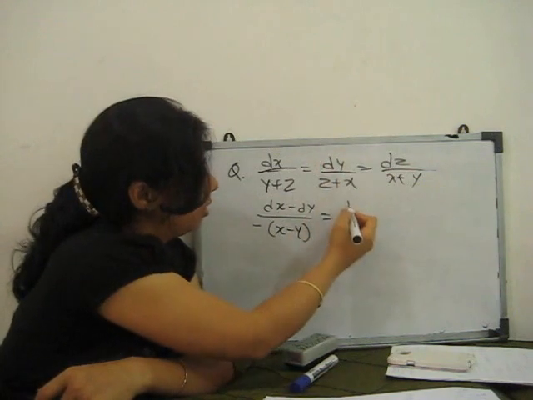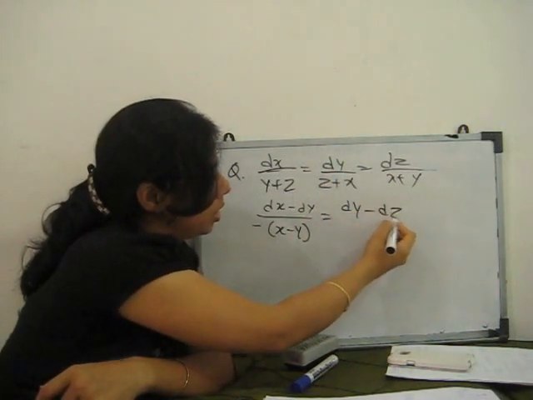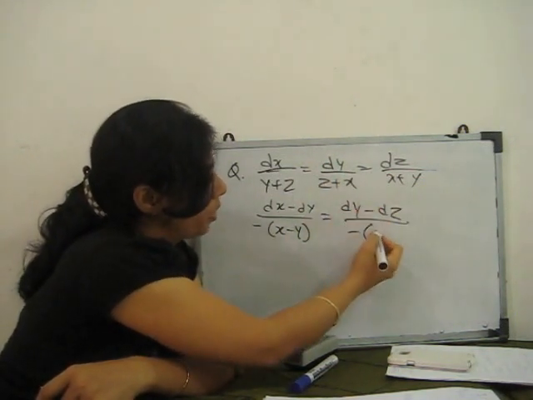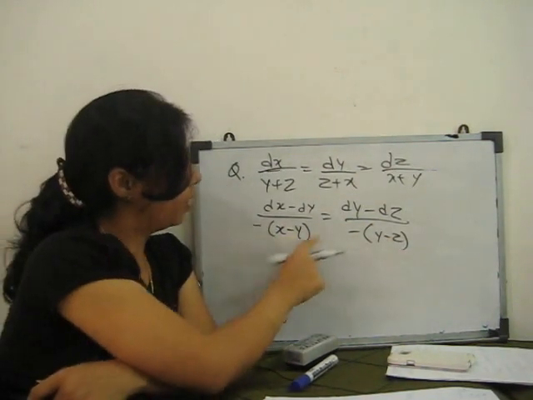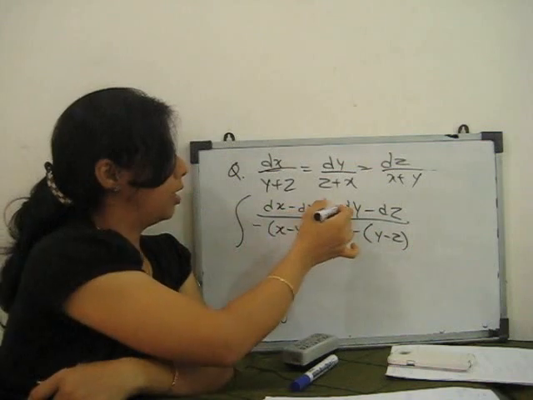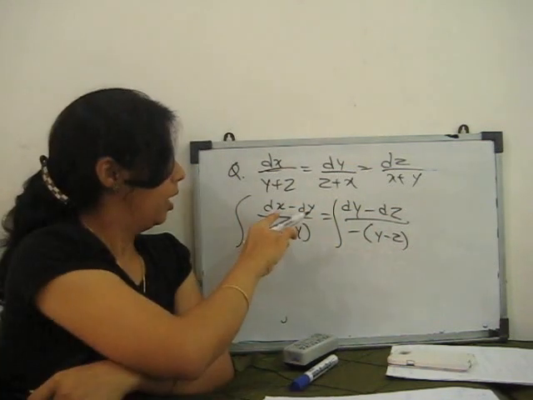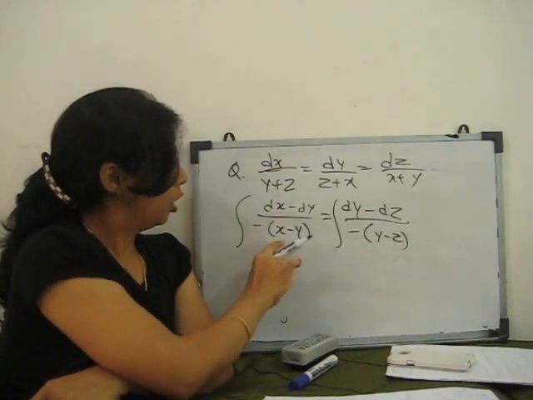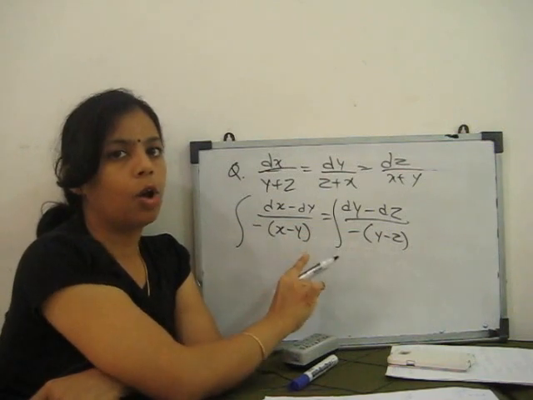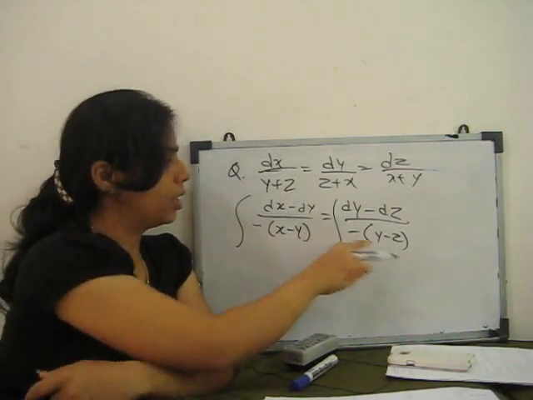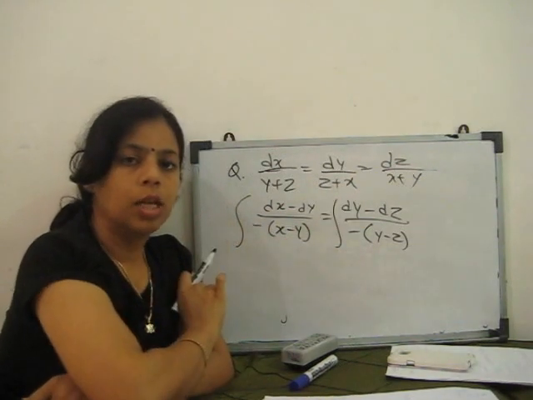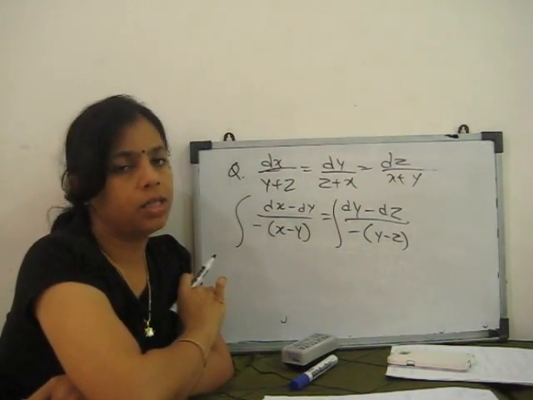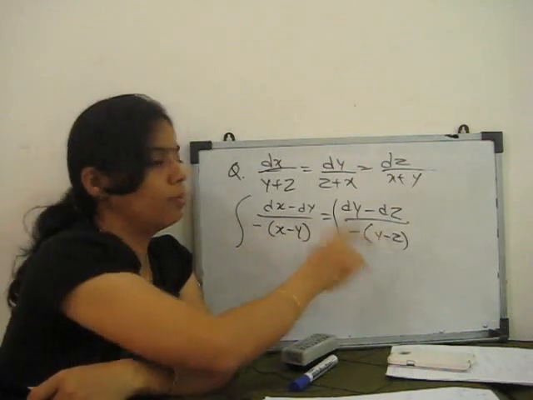Similarly, the second, dy minus dz, gives minus of y minus z. So we see these are in integrable form. Integration of this is log of x minus y, and integration of this is log of y minus z, plus log of a constant. So this gives one combination, or one constant.